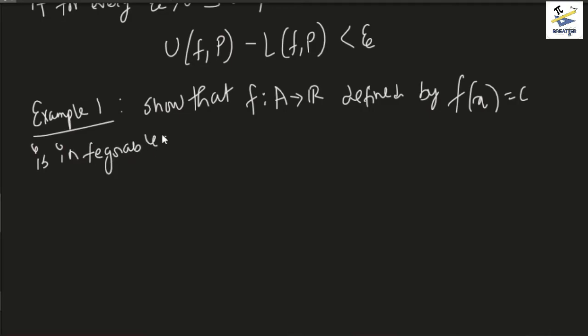So this is the most basic example we could find. Of course another basic one would be to calculate the integral of f(x) equals 0, but that is the same as the c case, right? Because c can be 0 as well. So what we are doing is we are calculating the integral where f(x) is equal to a real number.